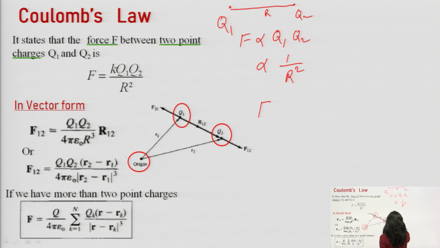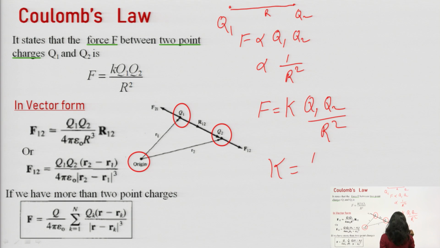Collectively we can write it as F is equal to, and to eliminate the proportionality sign we need to multiply by some kind of constant. So here we are applying one constant K. Now the electric force between these two charges Q1 and Q2 is equal to K Q1 Q2 by R square, where the value of K is equal to 1 by 4 pi epsilon.